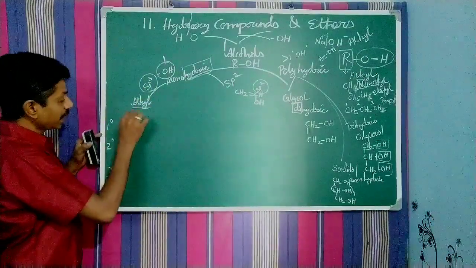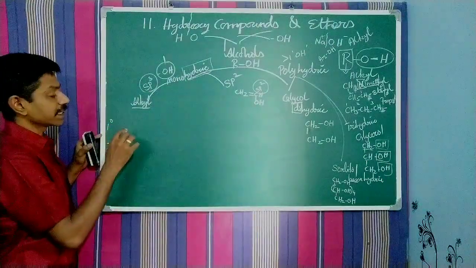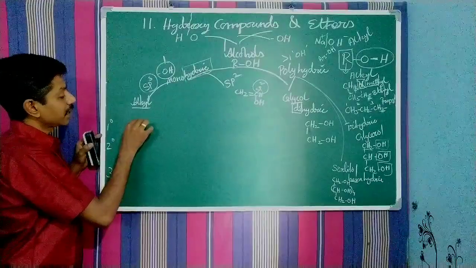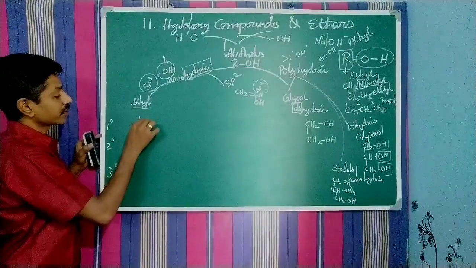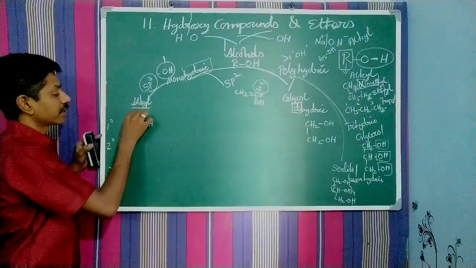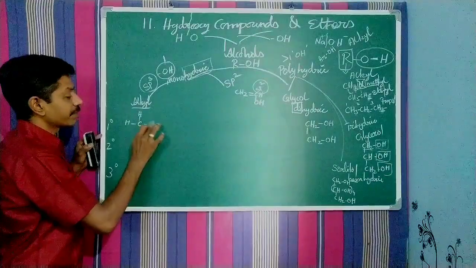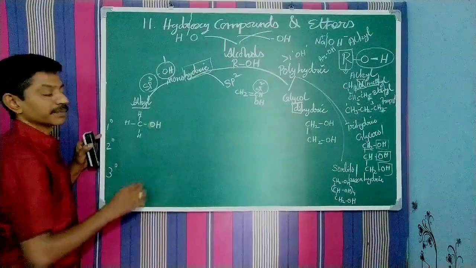And in that, particularly we are going to talk about primary alcohol. Let me write an example, you will understand better. I just gave you in the introduction, imagine a hydrocarbon, methane. One of the hydrogens I am replacing with the OH group.